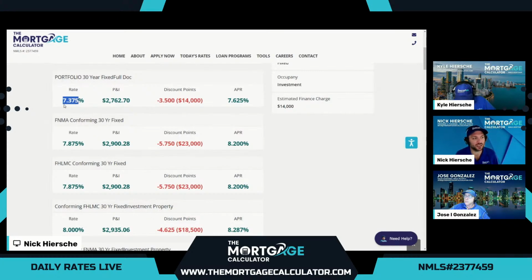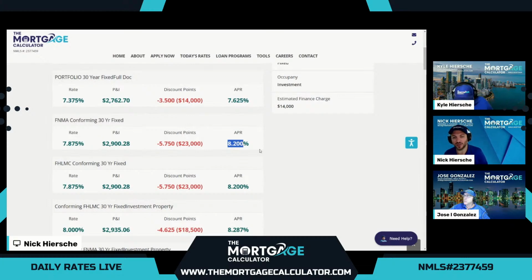So best option here, 7.375 rate, 3.5 discount points in cost, actually reasonable there. For final APR, 7.625. So absolutely amazing option there. Now the first realistic, or maybe not even realistic, but the first conventional option here, 7.875 rate, 5.75 discount points in cost, and the final APR of 8.2.